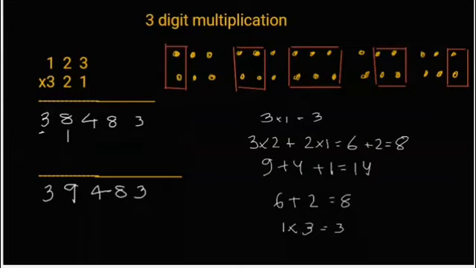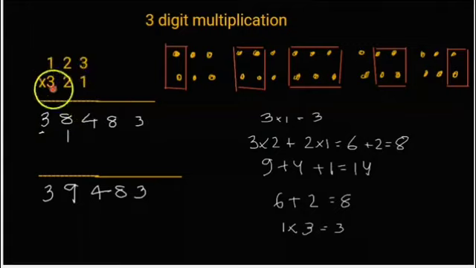In today's lesson, we will learn 3-digit multiplication by Urdhva Tiryak Sutra, that is vertically and crosswise formula. So how we proceed with this formula, let us have a look.